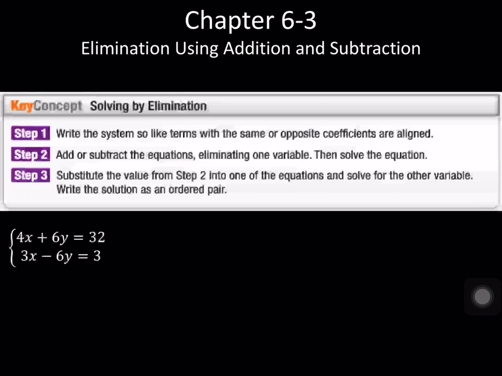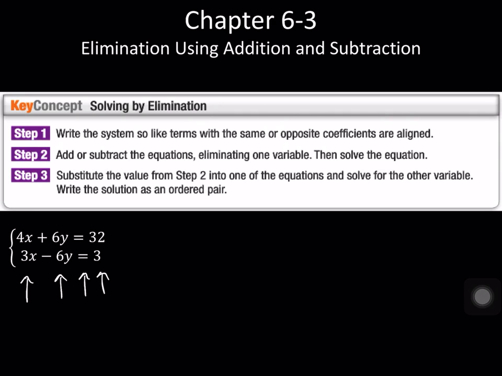So step one is that we've got to make sure the system is written so that like terms are lined up. Like terms have to be lined up. So you'll notice we have x's and y's lined up. You can see that we have the equal signs and the constants lined up.